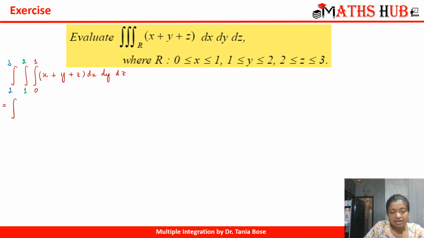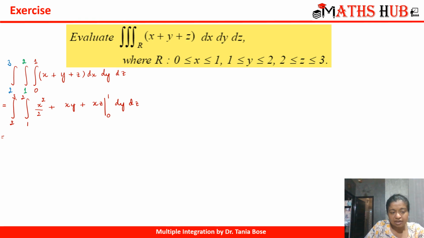So we can write this as the integral from 2 to 3, the integral from 1 to 2. And when I integrate the integrand with respect to x, keeping y and z constant, the integration of x is x square by 2, the integration of y is xy, and the integration of z is xz, and we place the limits as 0 to 1, with integration with respect to y and integration with respect to z.